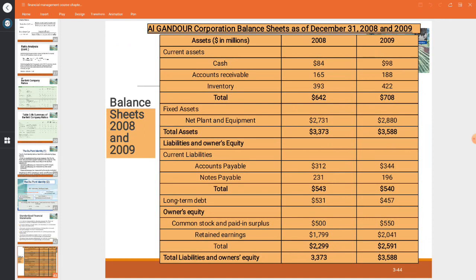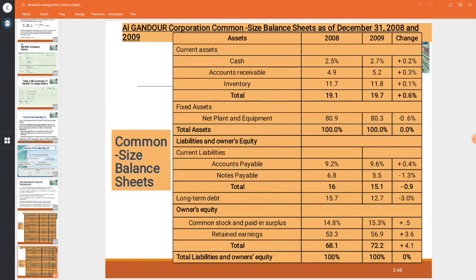This is the real value of the cash. To standardize it, we divide 84 by our total assets, 3,373, and get a percentage. This will be the form of your balance sheet after standardization, in the shape of a common size balance sheet.